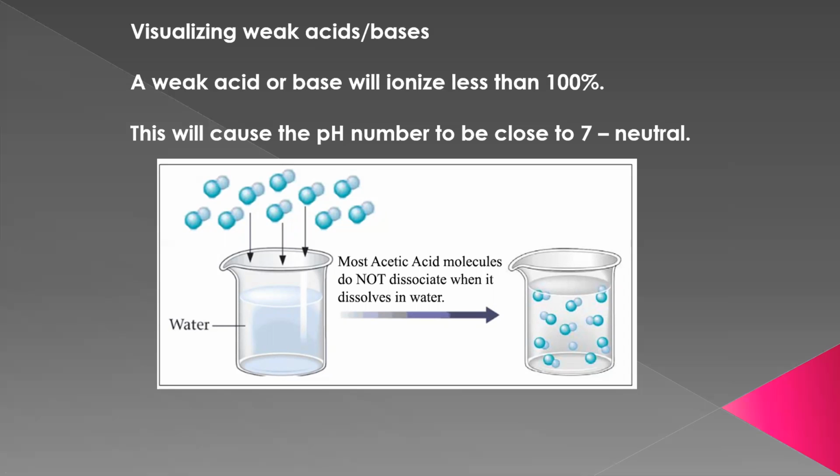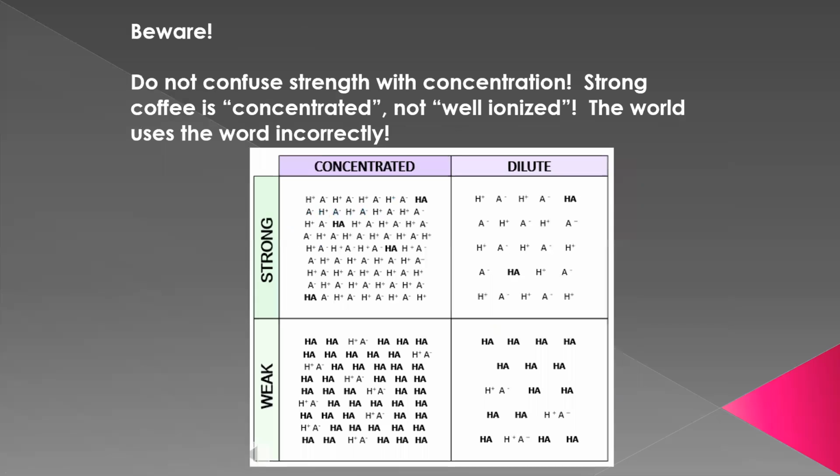So we're going to be exploring this a little more in just a moment, working some pH into it as an introduction to pH, and hopefully you'll see how all the pieces fit together. Before we leave, I want to be sure that you don't get confused with vocabulary, because it is a very common place that students confuse strong and weak with concentrated and dilute.